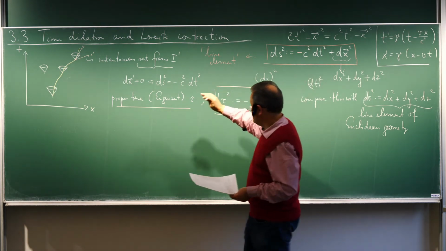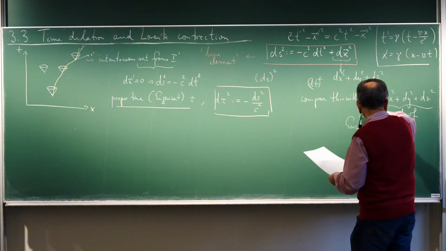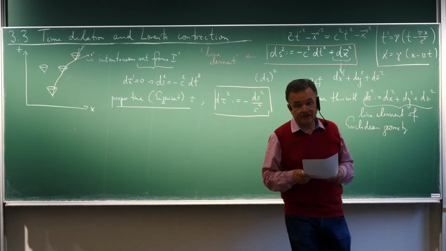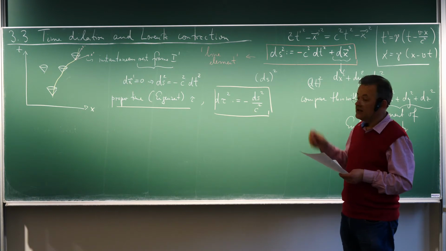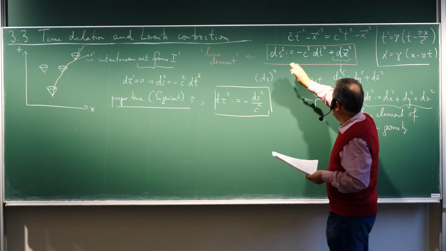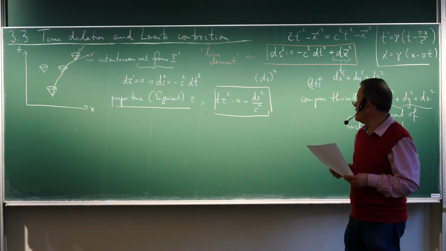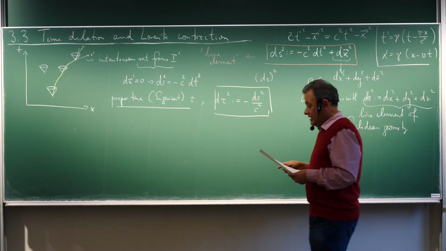You know that for Euclidean geometry, straight lines minimize the distance, and curved lines are bigger, but here it's just the opposite. Straight lines still extremize the length, but they maximize it.